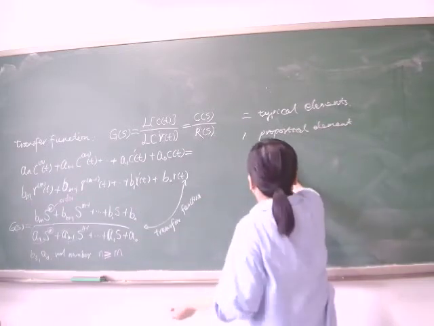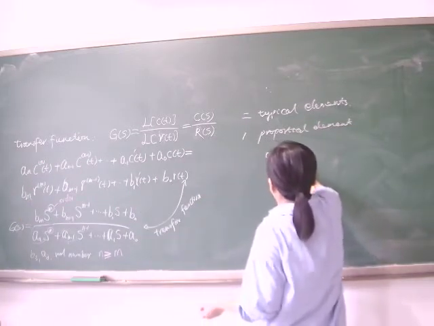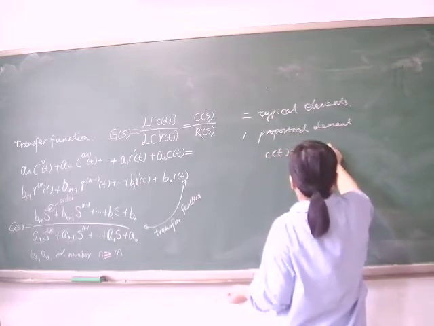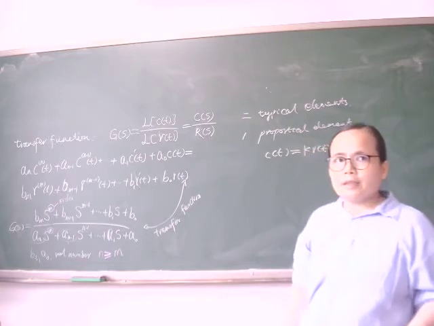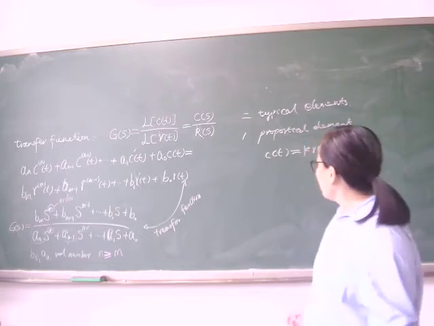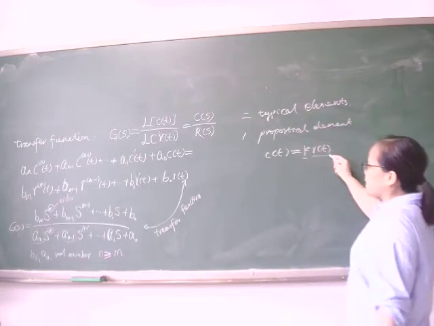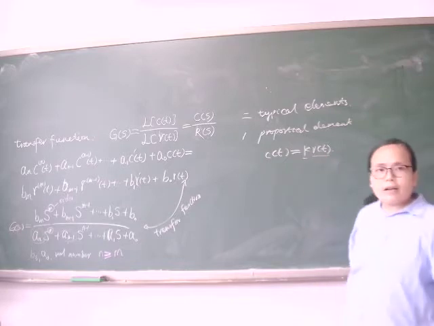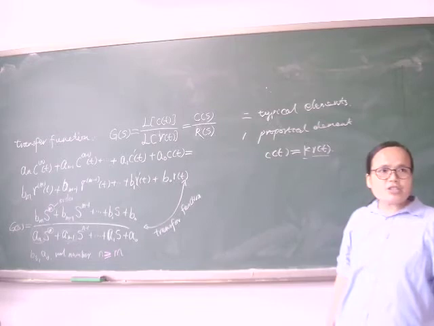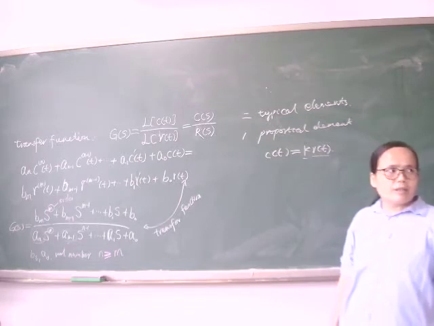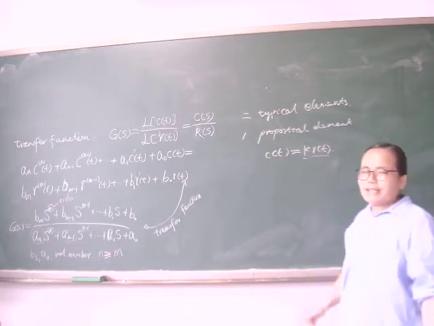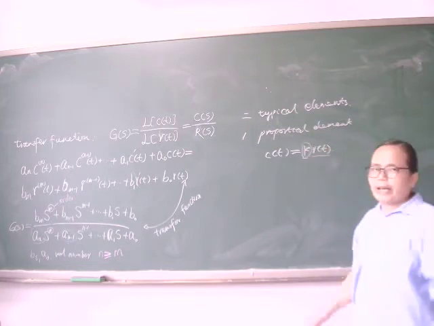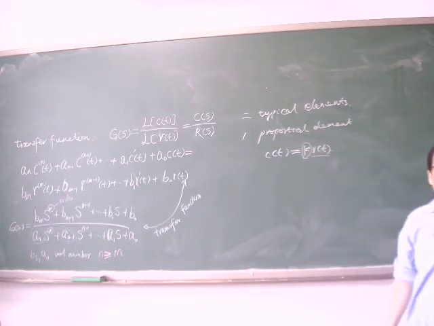Now let's say this c(t) can be written as K r(t). So it's very simple. Now we can see when r(t) is changed, this c(t) also is changed. This K is a constant number.